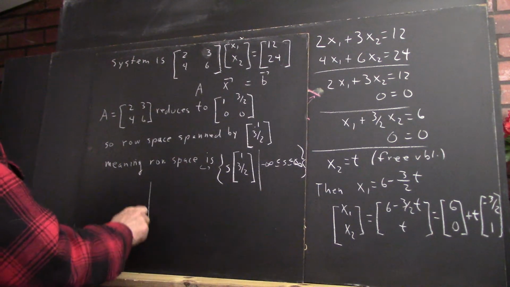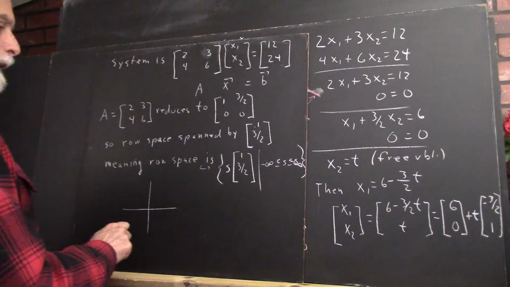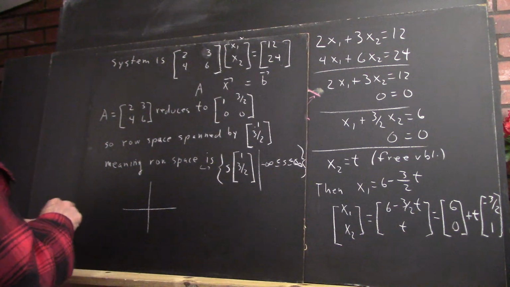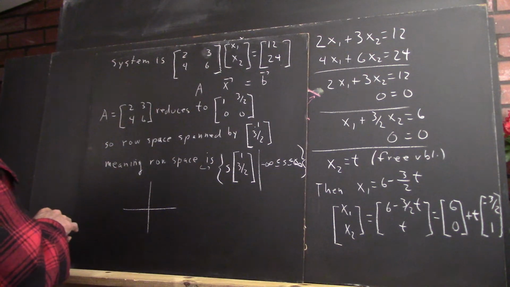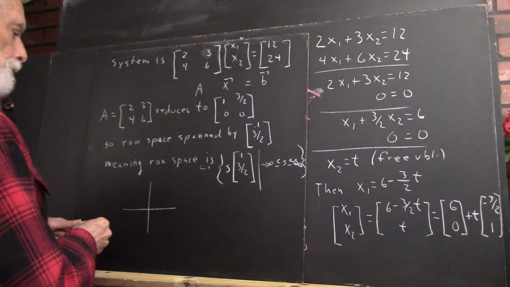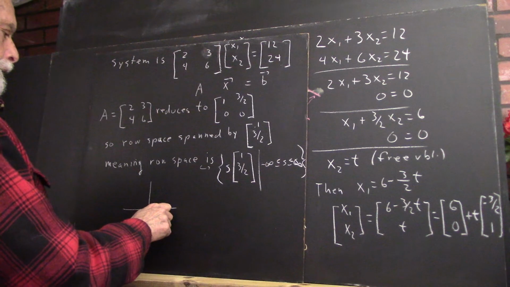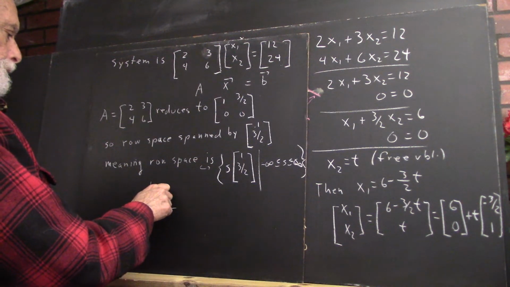Well, if we graph that in x1, x2 space, the vector (1, 3/2): we come out 1 unit here and up 3/2 here.